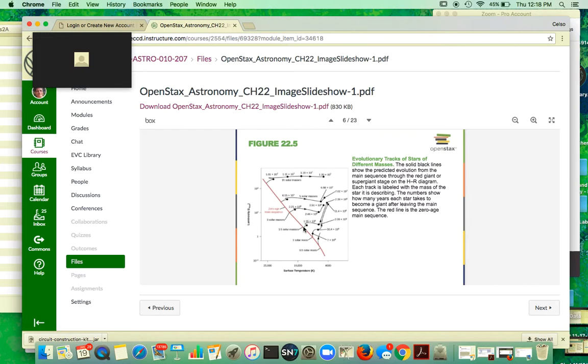The core will slowly shrink under the weight of the overlying regions, under the weight of the star itself. So just imagine the core of the star that is supporting the weight of the star. Suddenly that core has no more energy production because fusion is gone. It's a core of helium, and as a result this core starts to shrink because the overlying layers are able to push it in.